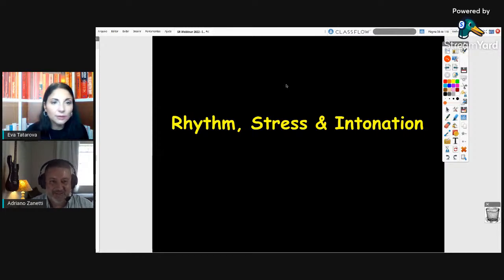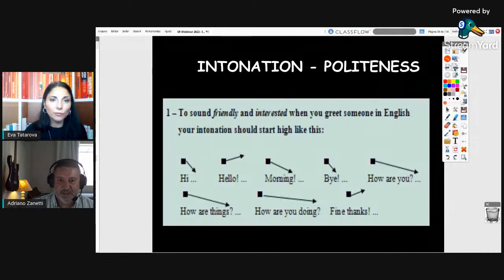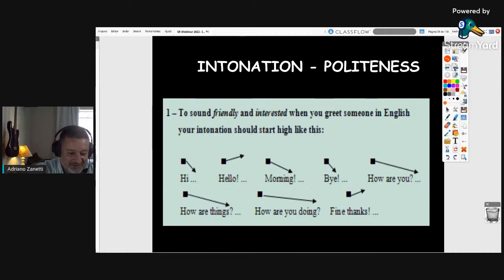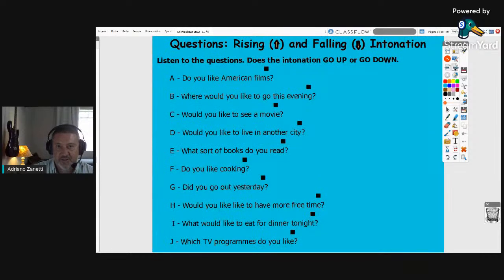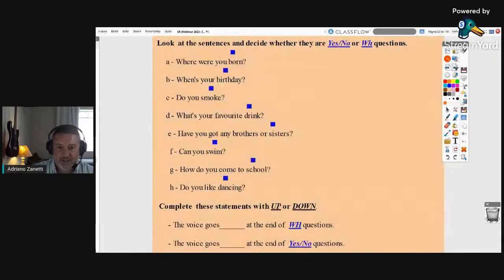Whenever possible, and it should be possible, insert this into connected speech, which brings us to the next topic, stress and intonation, which is different from Portuguese. That is a pebble in our shoes: how to use intonation in terms of politeness. Rising and falling tones in questions have to do with open questions and yes or no questions.